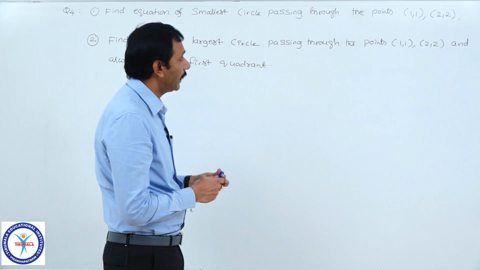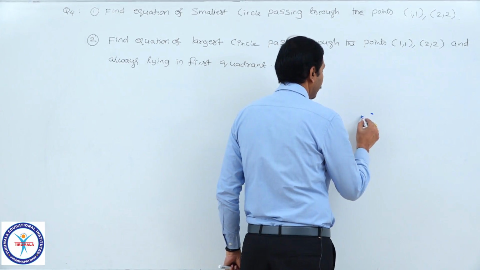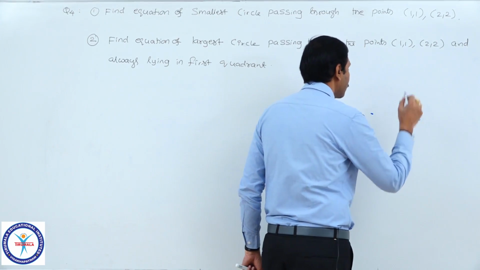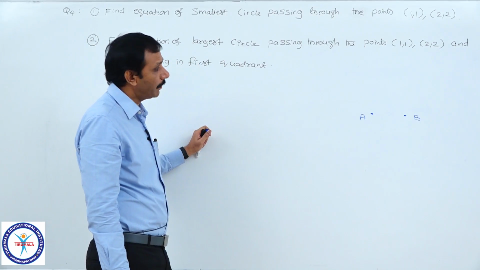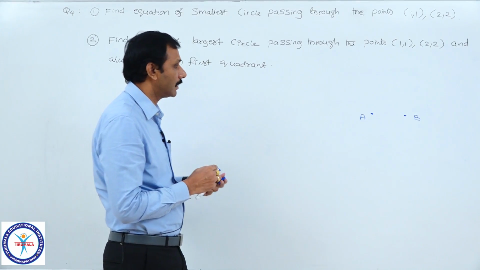What is the concept behind it? You see, if you take any 2 points, capital A and capital B, as already discussed, how many circles are possible which are passing through 2 points? Infinitely many circles are possible.